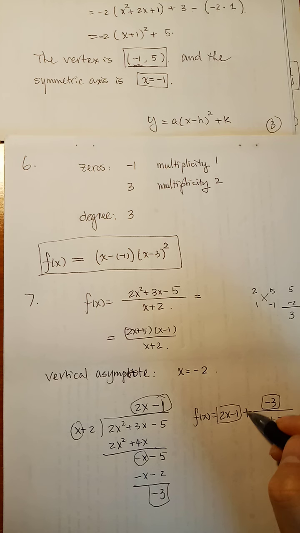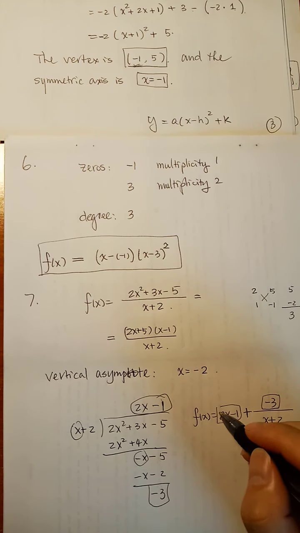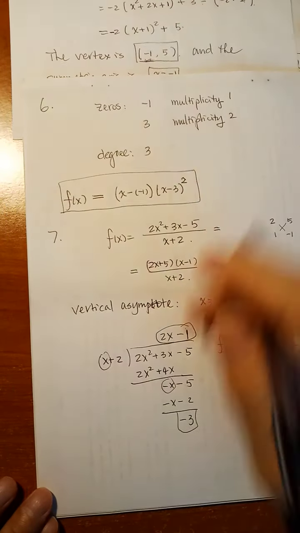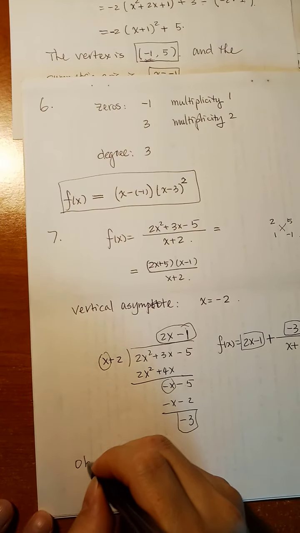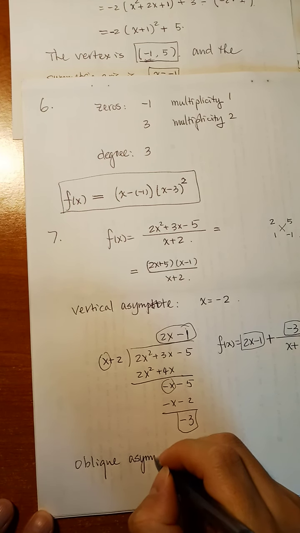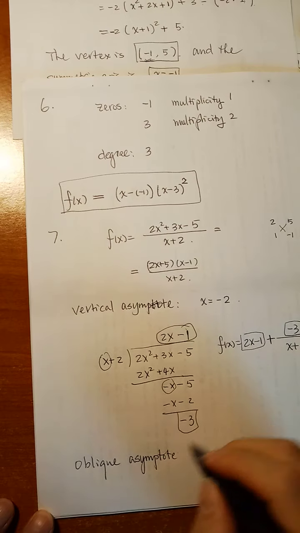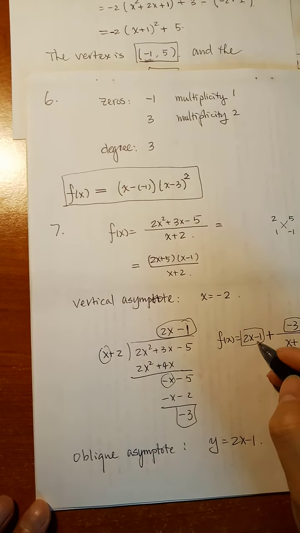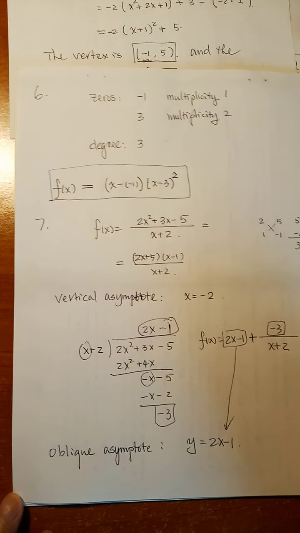And it's always addition. Because this quotient is a linear function, a line, we have the oblique asymptote. It is y equal to 2x minus 1, just this term.